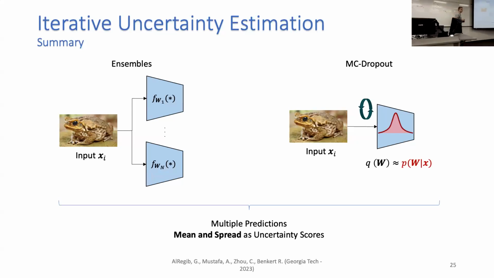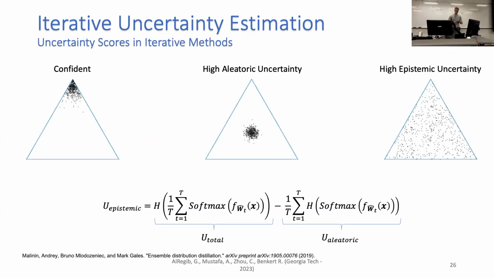I want to do that so that when you go off into industry or wherever, and there is a machine learning model and you want to estimate uncertainty, and you think, oh yeah, this is super easy, I just use Monte Carlo dropout, or I just train 20 different neural networks. But it's more than that. I want you to be able to look at the output and understand what you're seeing and how it relates to how certain or uncertain this neural network is. And that's where I think this picture here is very powerful.